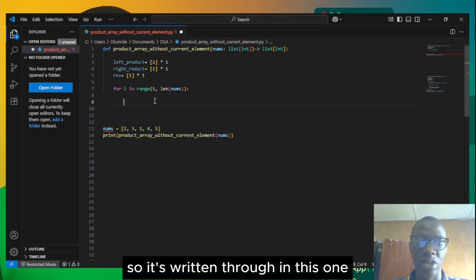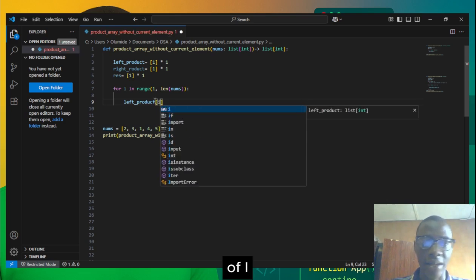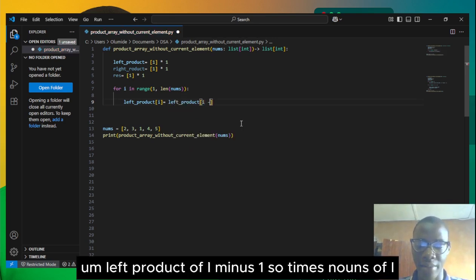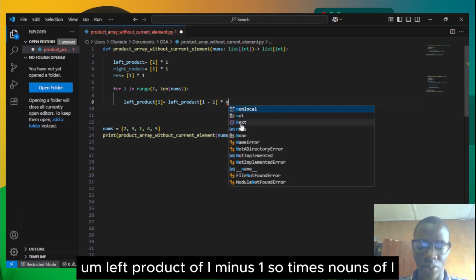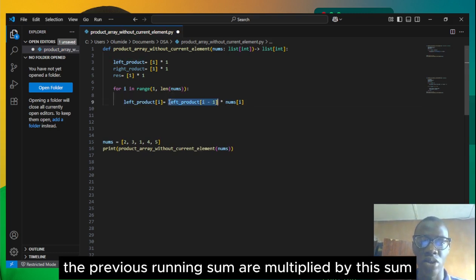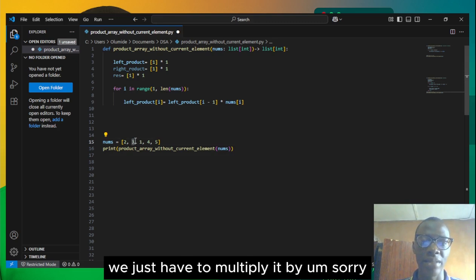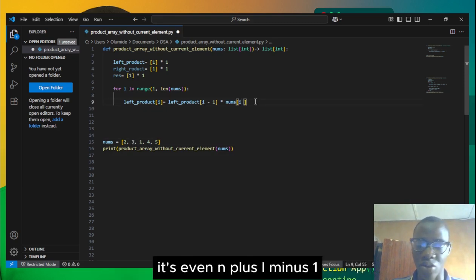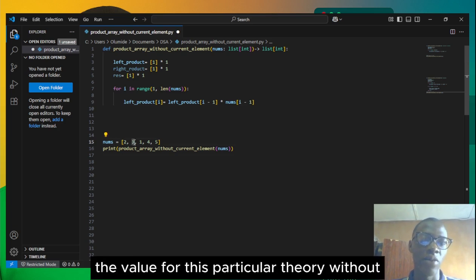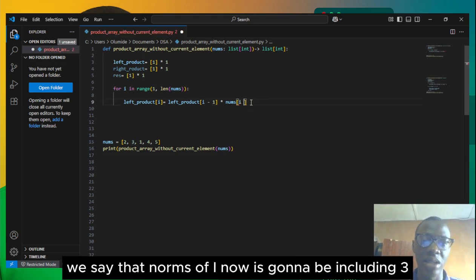So iterating through index 1 onward, we want left product of i equals left product of i minus 1 times nums of i minus 1. We take the previous running product and multiply it by the previous element. That is what gives us the left product for this particular 3 without the 3 itself. If we used nums of i, it would include the 3, and we don't want that.